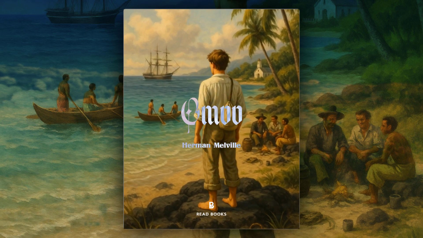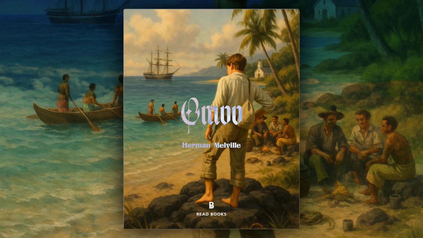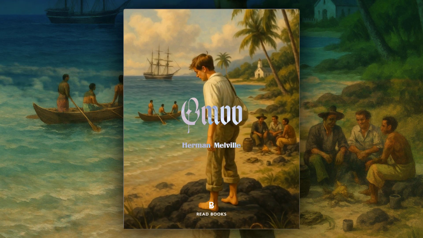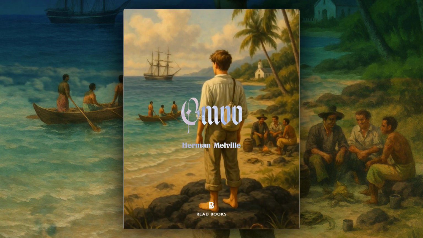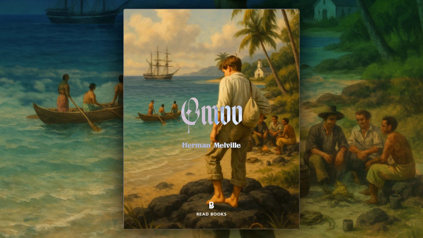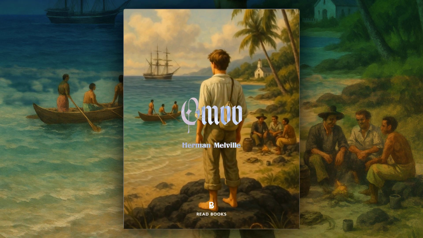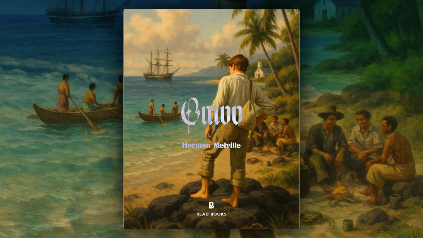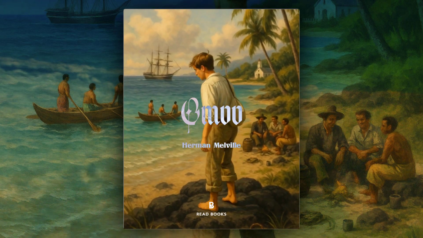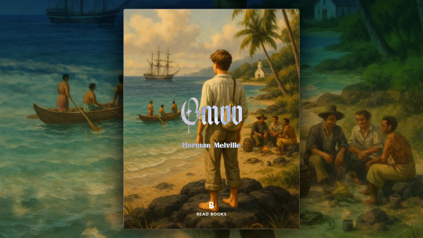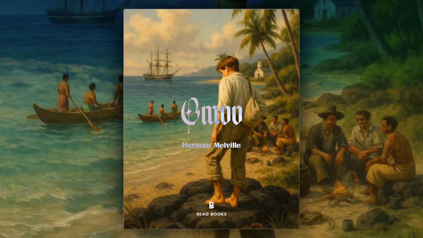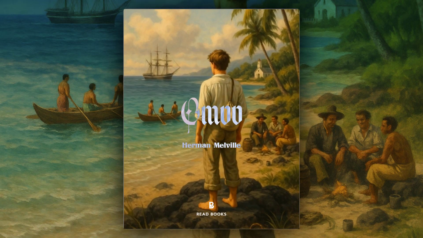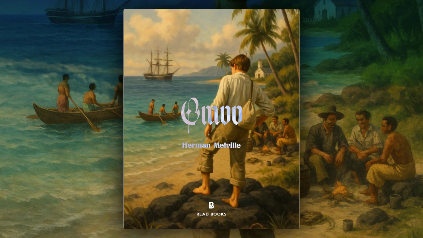It raises questions about the meaning of civilization, freedom, and human purpose against the vastness of the Pacific and the intricacies of human interaction. In summarizing Omoo, one must appreciate Melville's keen observations of human nature and the conflicting desires that define our existence.